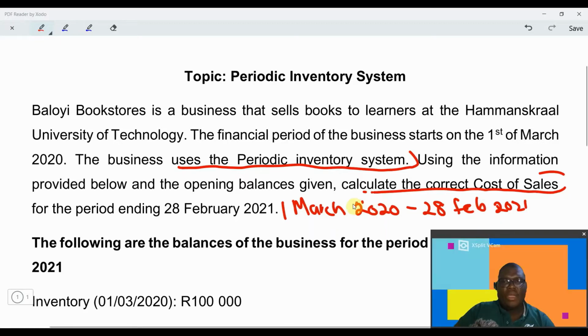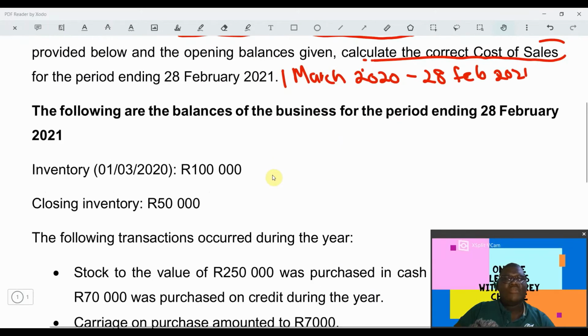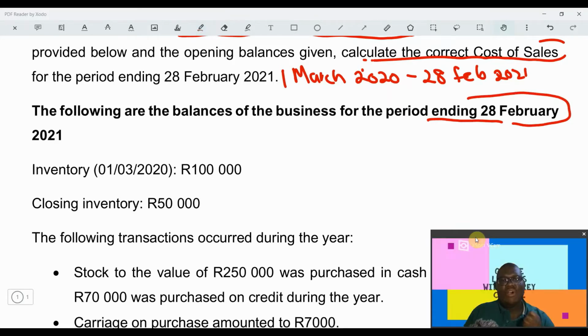And then on the information that we are given, we are told that the following other balances of the business are for the period ending 28 February, and we know that 28 February 2021 is at the end of the year. This means that anything given to us on these balances that does not have a date, we should assume is at the end of the year.